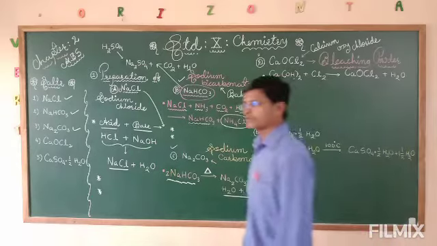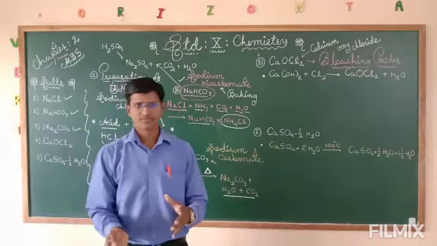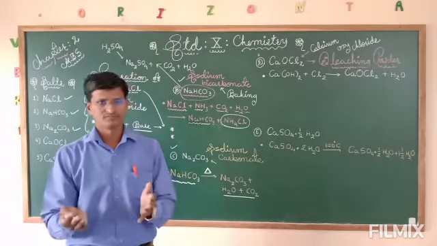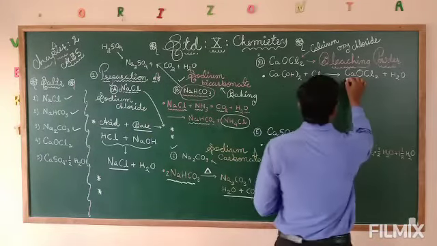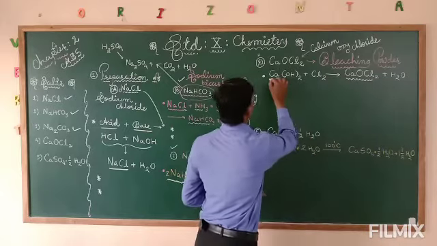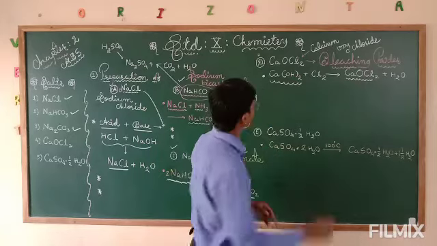Now the property of bleaching powder is that it is very soft. When we add it into water, it forms a foam. It is very soft and soluble in water. Remember that this is very interesting and very important.